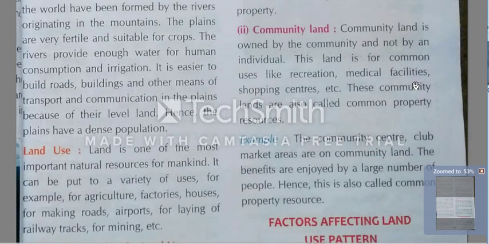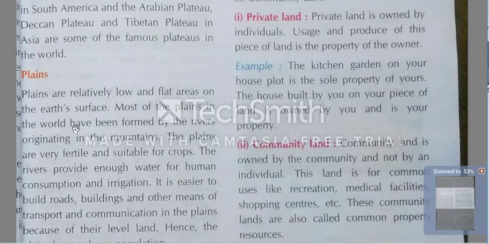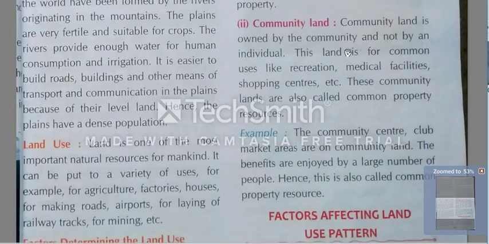Community land means people purchase a land in groups. In a group there will be many members. When they purchase, that land will be called community land. Land use you have seen before, and plains and many more.